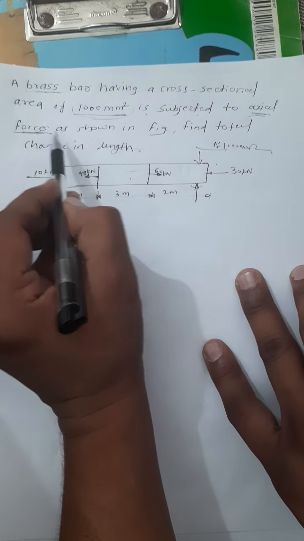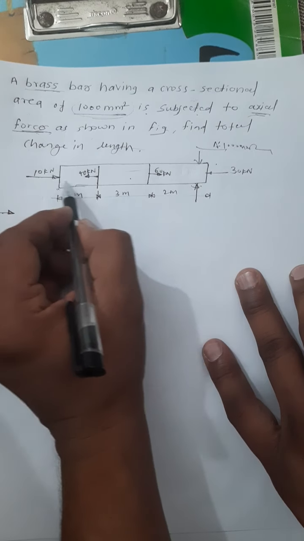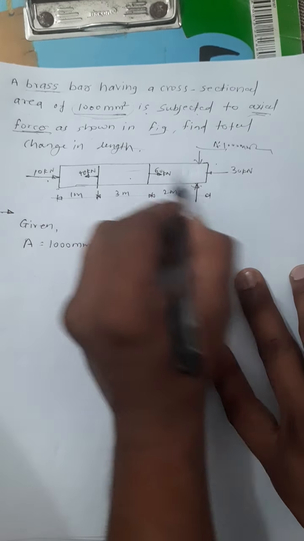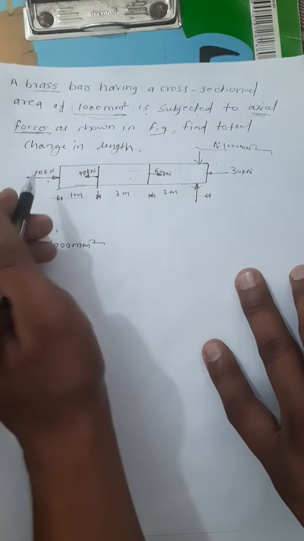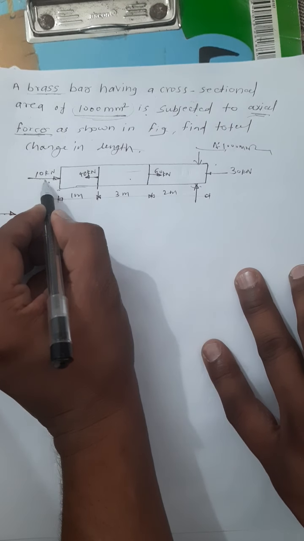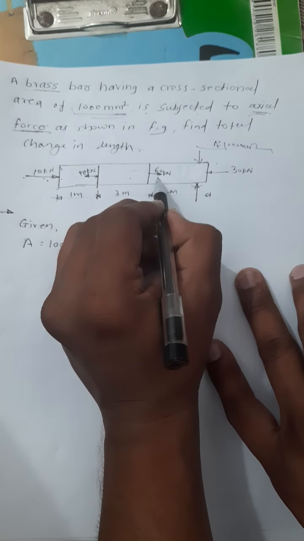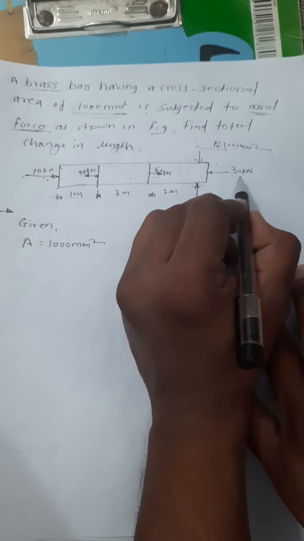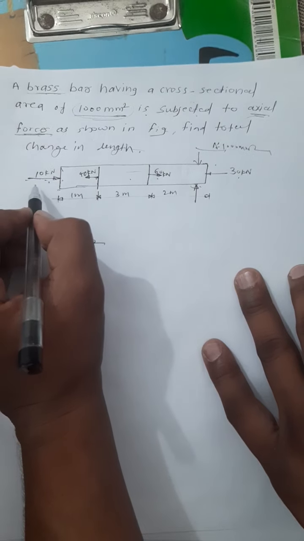forces, as shown in the figure. On this bar, which is only one bar, there are different forces acting axially: 10 kilonewton from the left end, then 40 kilonewton, 60 kilonewton and 30 kilonewton, but the directions are quite different.